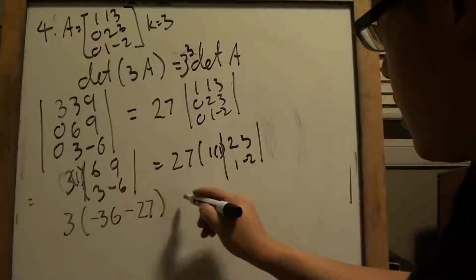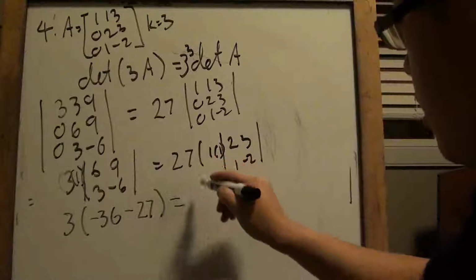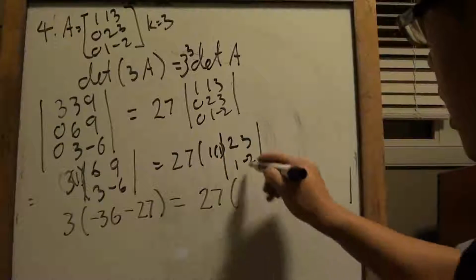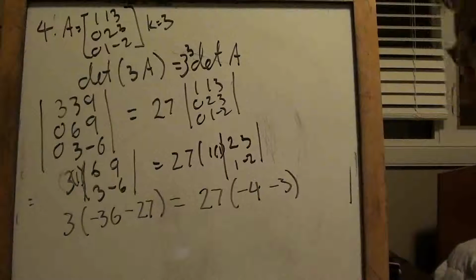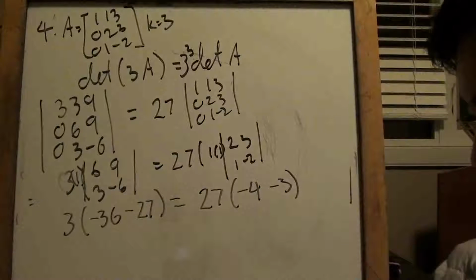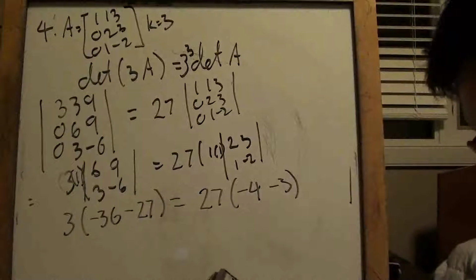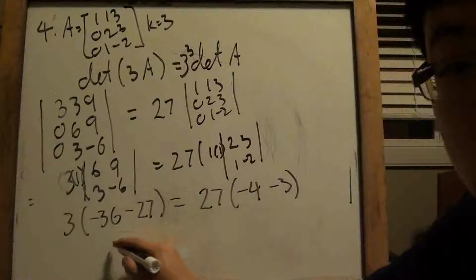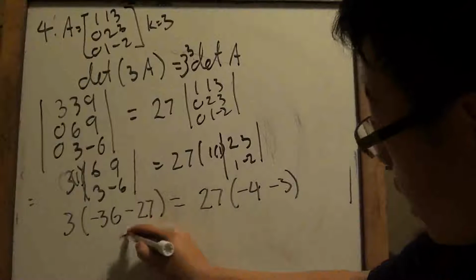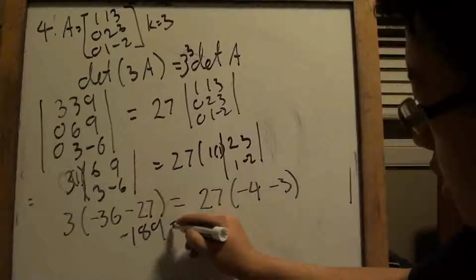I'm just going ahead. 27, negative 4 minus 3. And this should give me the same answer. Let's hope it does. Negative 36 minus 27 times 3. Yeah, okay, as you can still see, that's going to be negative 189.